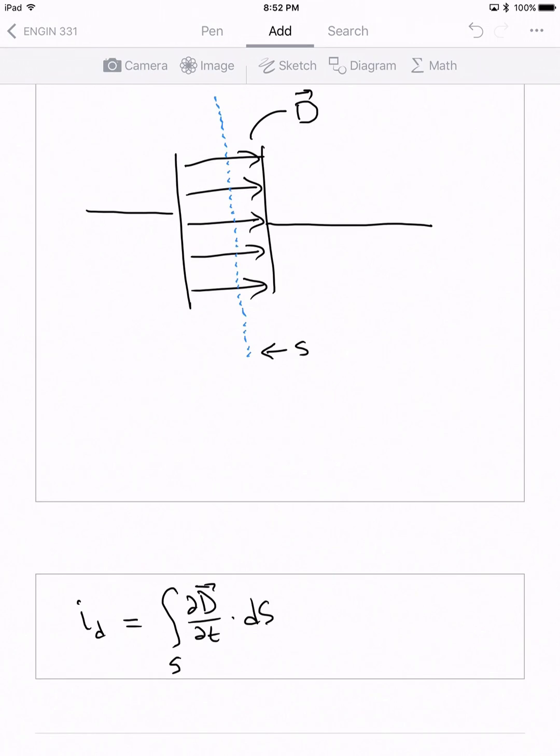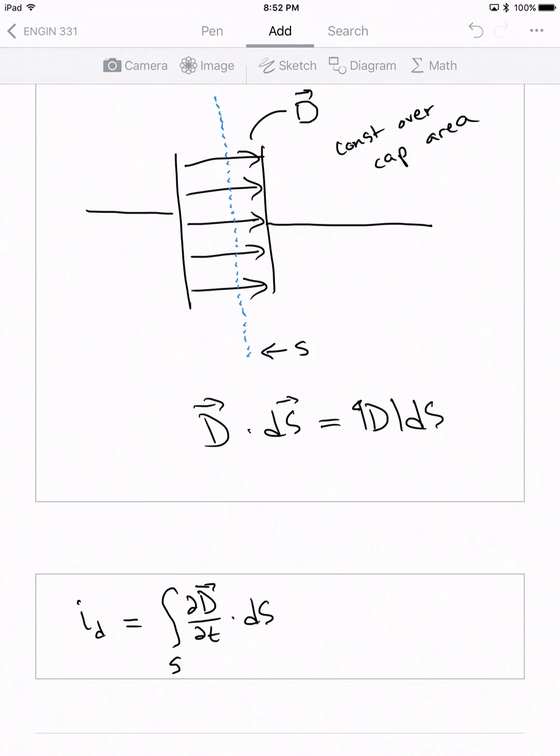Once we evaluate that, since D is constant over the area of the capacitor, and D dot dS just equals magnitude D times dS, I'm going to drop those magnitude bars, and I'm just going to write this as partial D partial t times the area of the capacitor A.